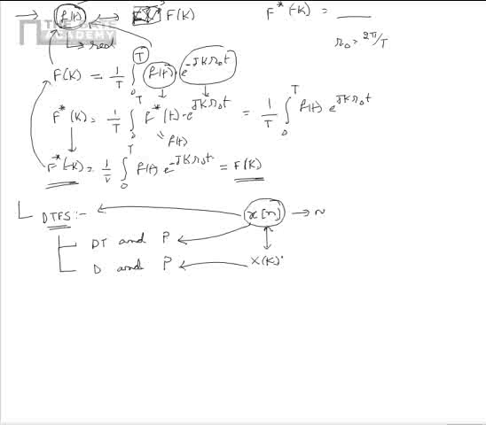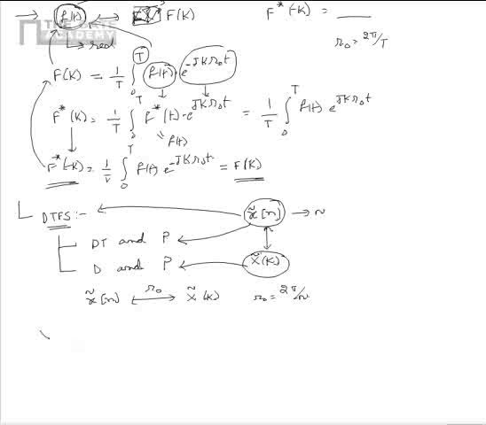As the signals x of n and x of k are periodic, we represent the same by tilde as shown. That is, a periodic x of n will have a DTFS of periodic x of k. Please note that here omega naught is equal to 2 pi by N.